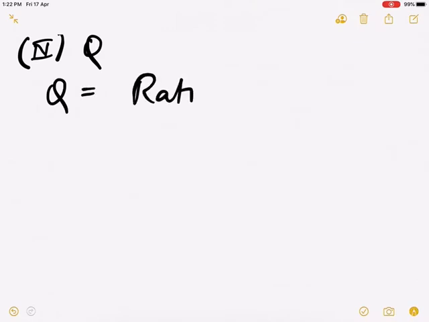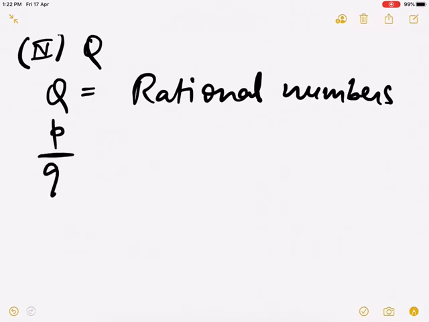The fourth set which I had given was Q. Q stands for quotient. Quotient means one thing, when you divide by another thing you are getting some quotient. So Q means you have to divide one number by another number, and as many students will know from the past class, Q is the set of rational numbers, and rational numbers are those numbers which can be written in the form p by q, where p and q both are integers.